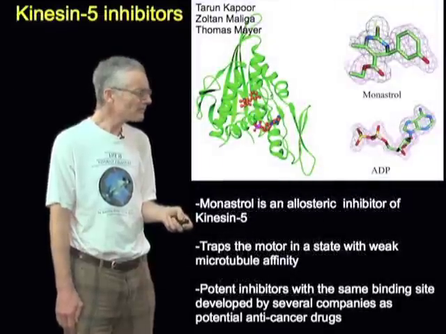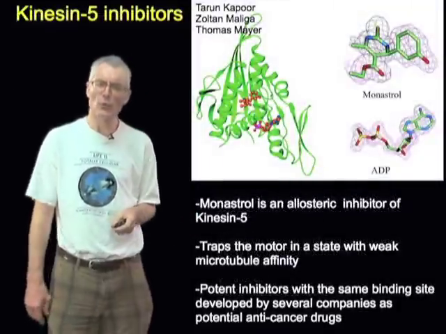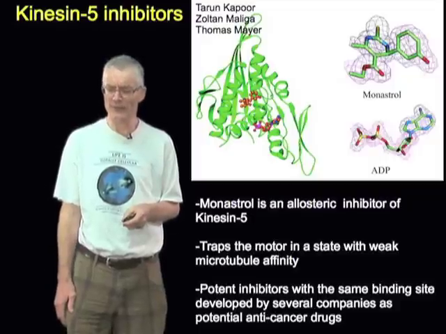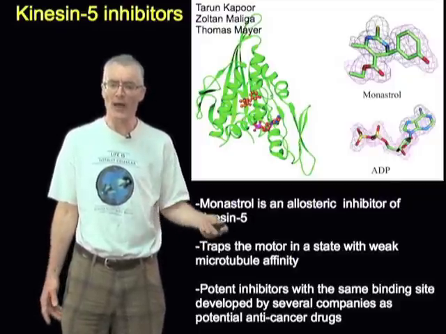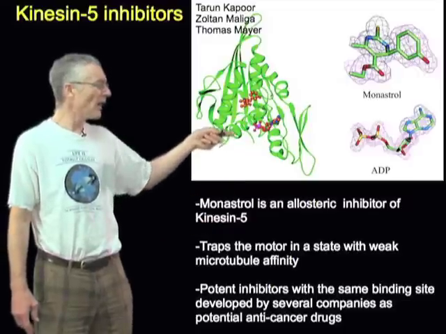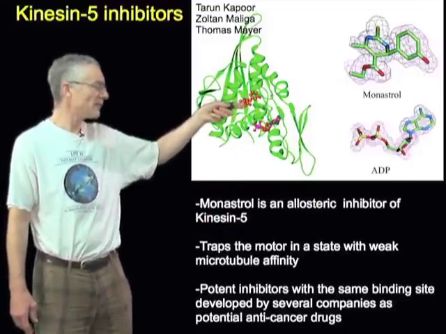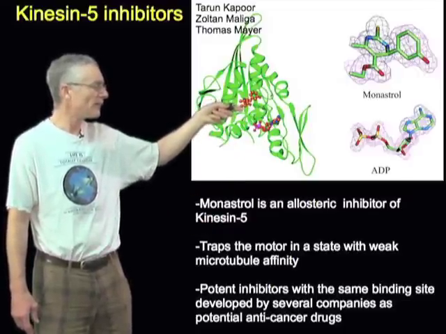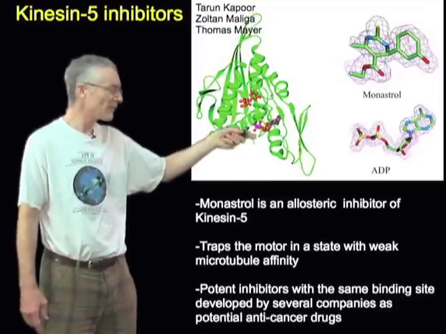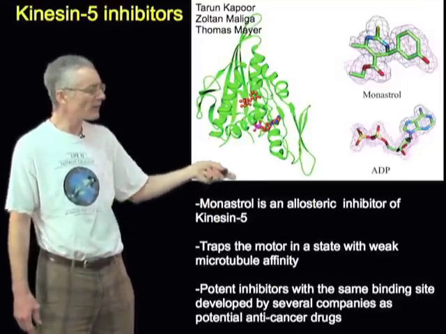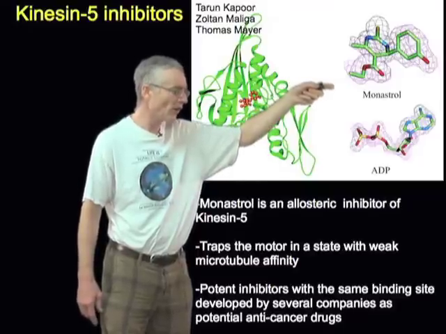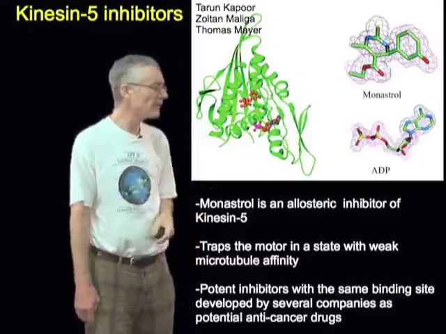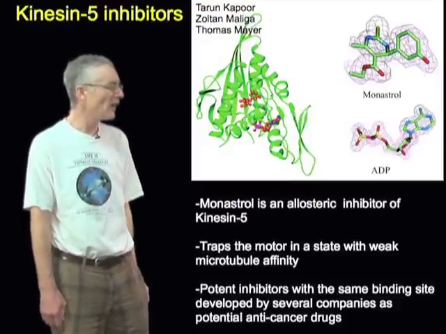One reason we've been able to work on kinesin 5 in our spindle system fairly easily is we have some nice small molecule inhibitors, drugs. These drugs bind the ATP binding pocket in the head of kinesin 5. This is a nice drug binding pocket. The first drug that we found that fits into that pocket is a drug called monastrol, which we found by chemical screening back in 1999.